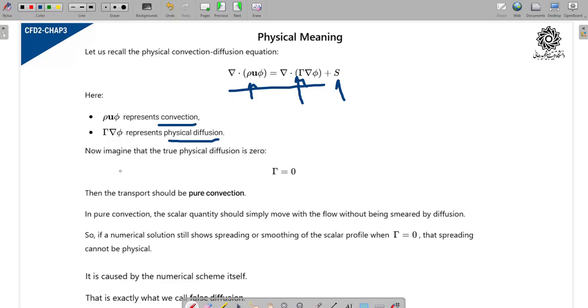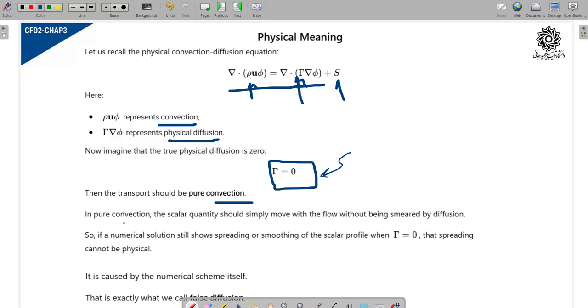Now imagine that the true physical diffusion is zero, that is, gamma equals zero. Then the transport should be pure convection. If gamma equals zero, we have only the pure convection term.